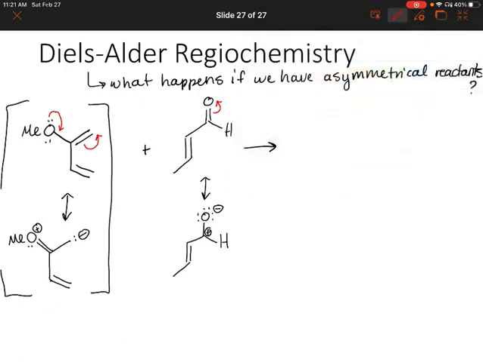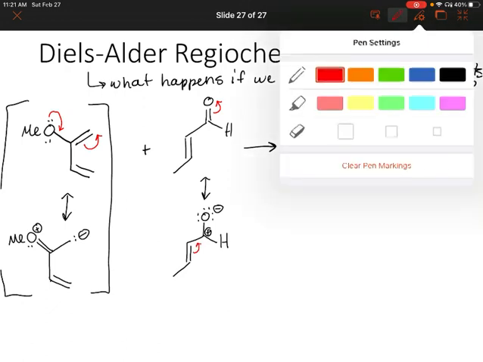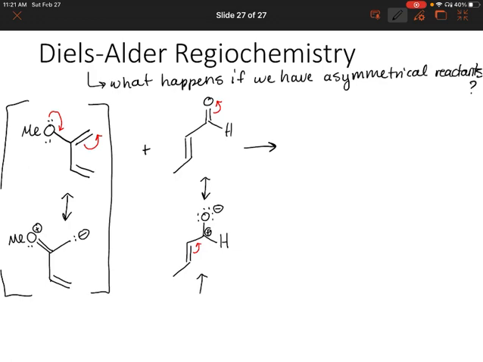And then we can also move the pi electrons next door so that we move the positive charge to another carbon.